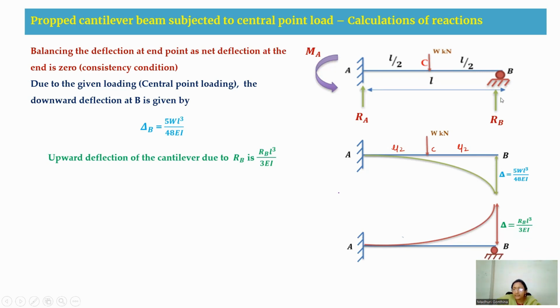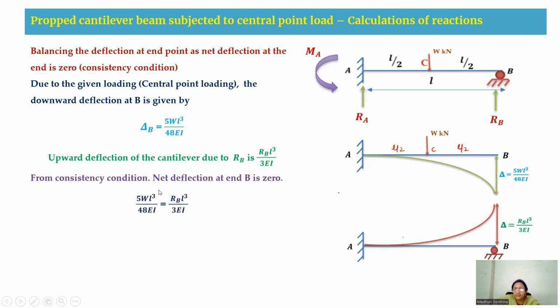As we know, the net deflection at the B support is 0, so the summation of these two will be equal to 0. One is downward deflection, another is upward deflection, therefore both are equal. From the consistency condition, the net deflection at the end is 0.